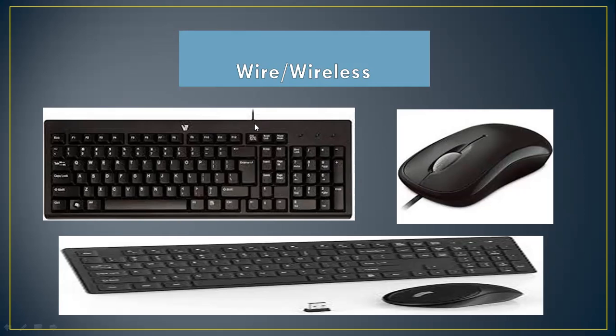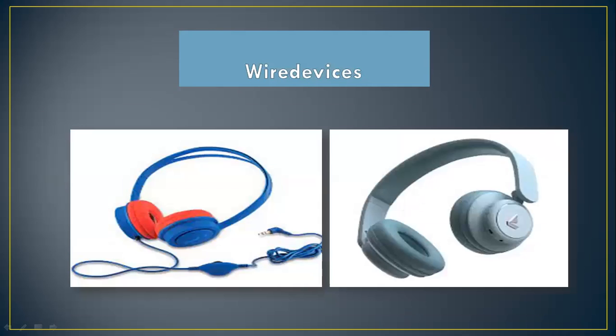We need a wire to connect, but with wireless we don't need any wire. We need some signals with the help of a USB port. We put this in the USB port and our computer is connected. So we have wired mouse and keyboard, and also we have wireless. Wireless has made our life much easier.